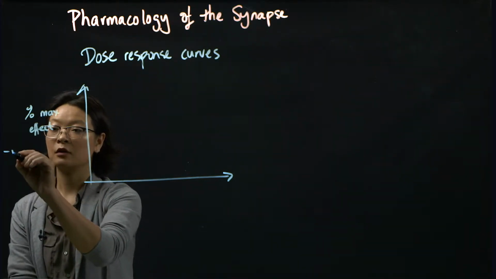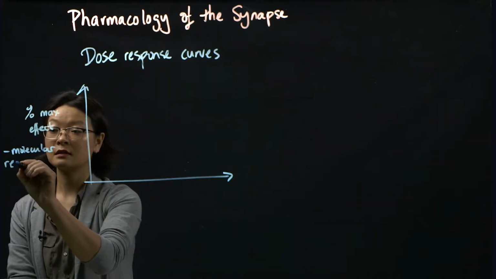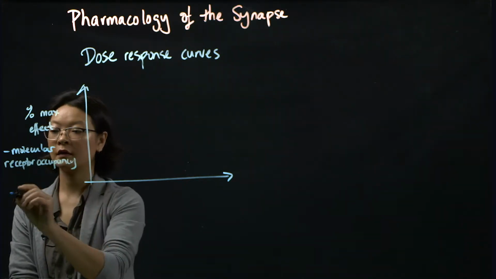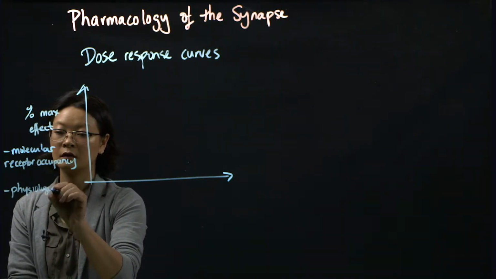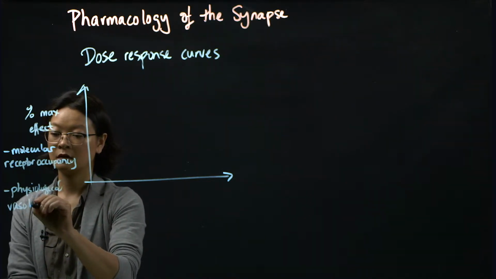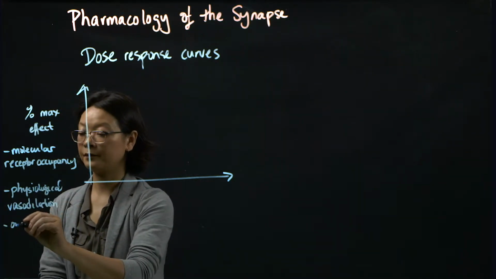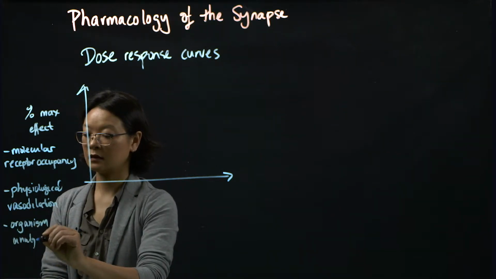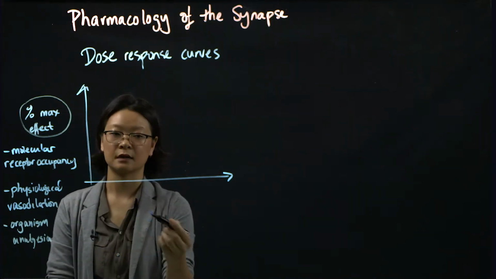So this could be something molecular, such as receptor occupancy, or it can be something more physiological, for example, something like vasodilation, or something at the organism level, such as analgesia. So percent max effect can pertain to a lot of different things.